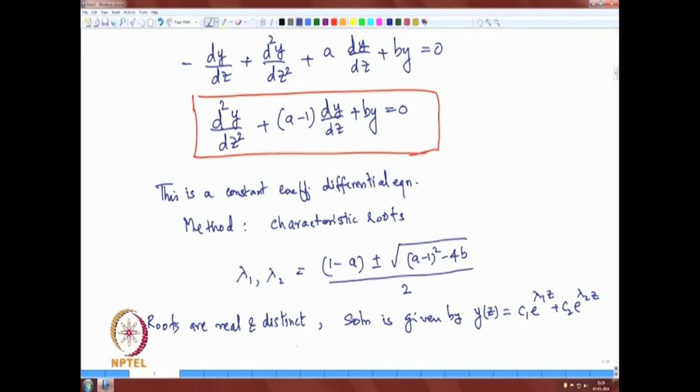And again, if I want to change the independent variable back to x, use the transformation.